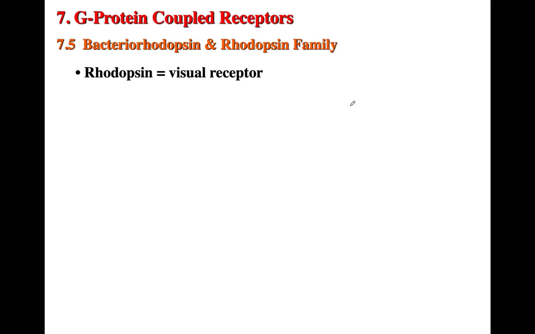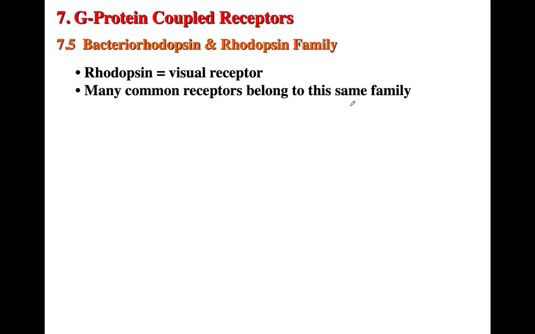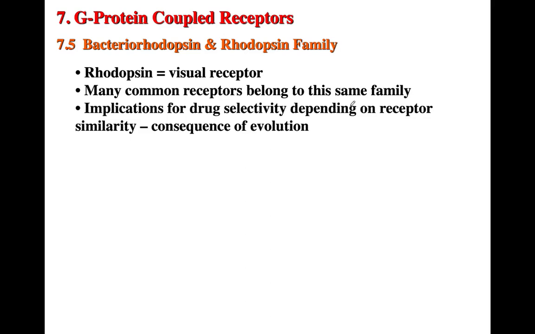Now, rhodopsin is a type of G protein coupled receptor. It's a visual receptor, involved in the ability to see. There are many common receptors that belong to this family. I don't believe I included it in this lecture, but when you look at the evolutionary tree of the G protein coupled receptors, you can realize that some of them are really close in structure.